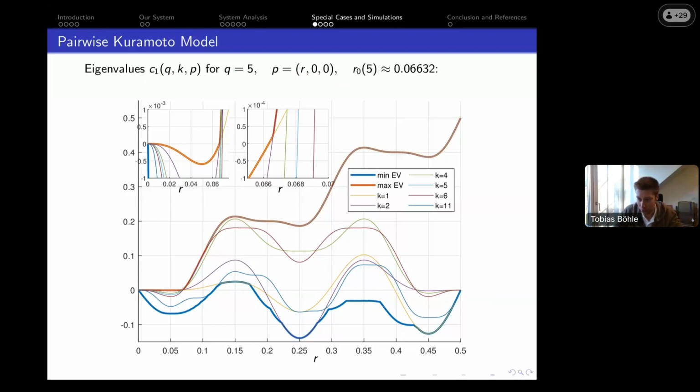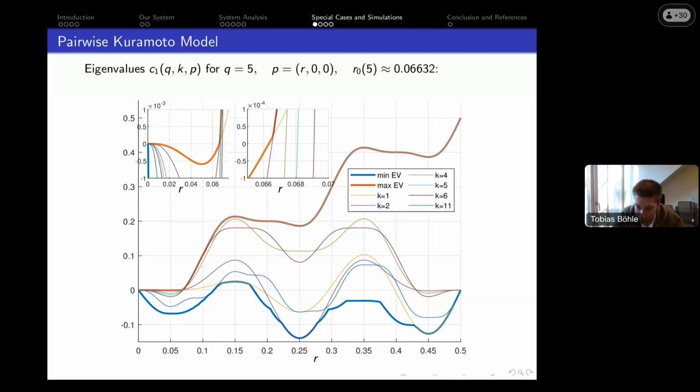So I have depicted a few eigenvalues, and in particular this orange line here depicts the maximal eigenvalue over all k. And when this eigenvalue is positive, of course, then the twisted state is unstable. And as you can see, it is positive in a large parameter region here.